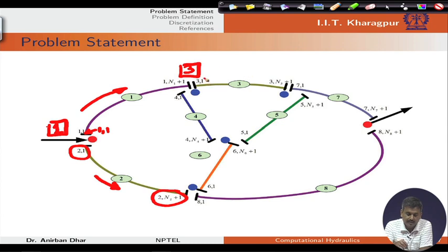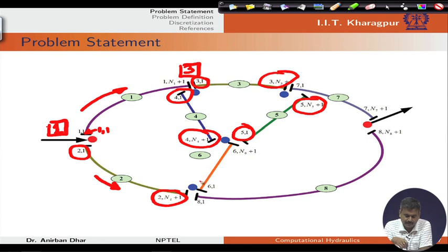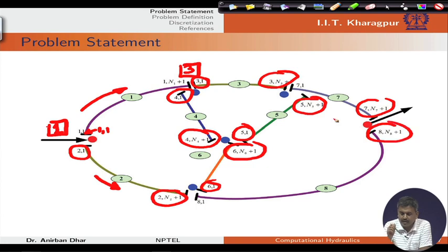In this case it is 3 1, 3 N3 plus 1, this is 4 1, 4 N4 plus 1, this is 5 1, 5 N5 plus 1, 6 1, 6 N6 plus 1, this is 7 N7 plus 1, 8 1, 8 N8 plus 1.